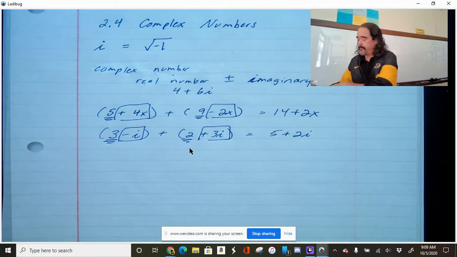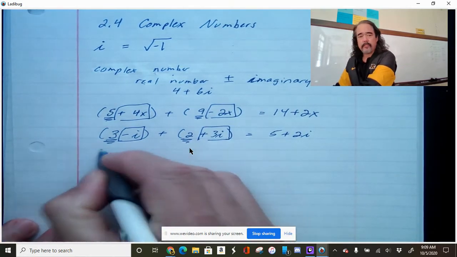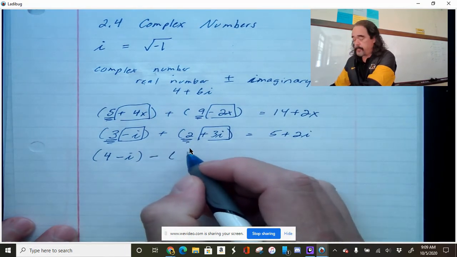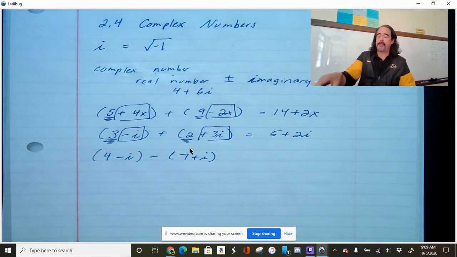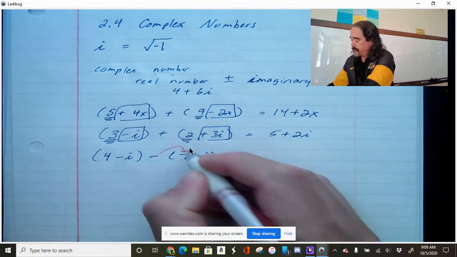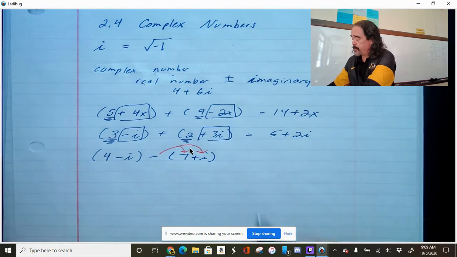Keep in mind, though, if you're subtracting, let's say I subtract 4 minus i and 7 plus i, don't forget that you have this minus sign out here that needs to get distributed through that following set of parentheses.